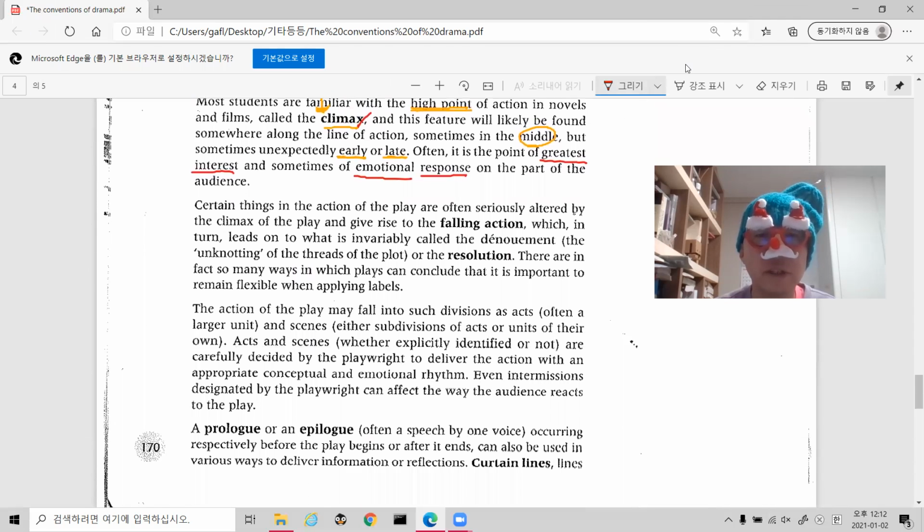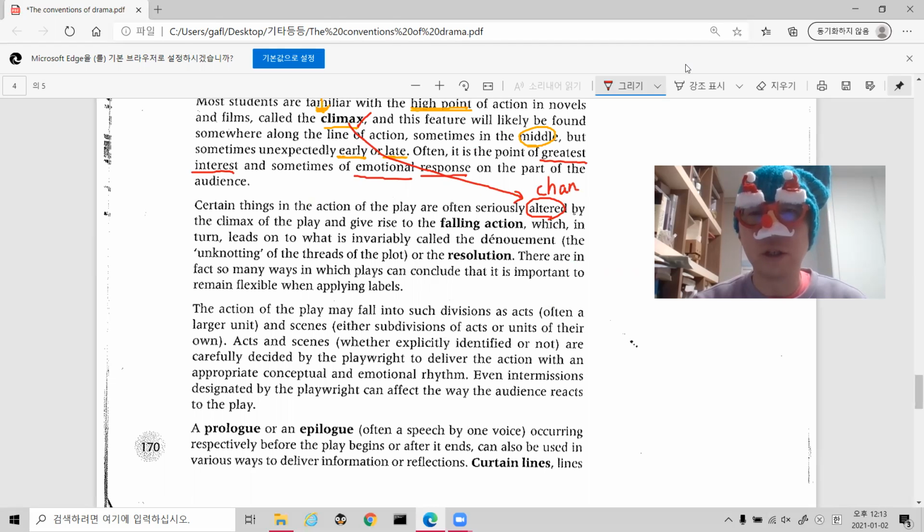And certain things in the action of the play are often seriously altered by the climax of the play and give rise to a falling action. So after you have a climax, the climax alters, sometimes changing the story.